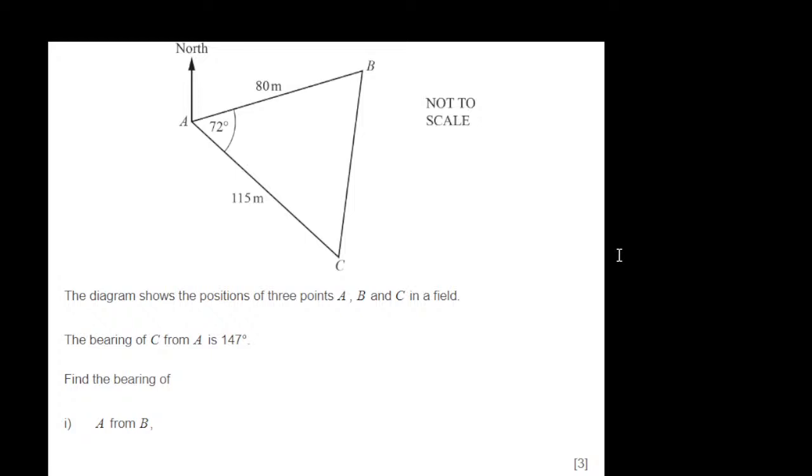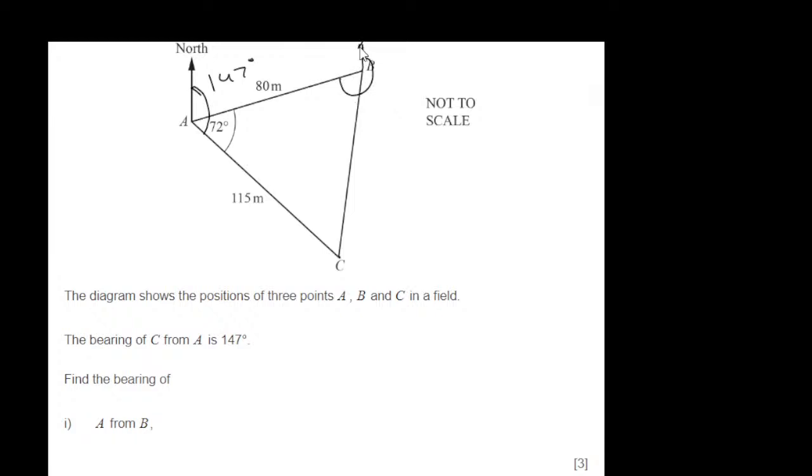The bearing of C from A means this total angle. The bearing of C from A is 147. This total angle is what? 147 degree. Okay. Find the bearing of A from B.